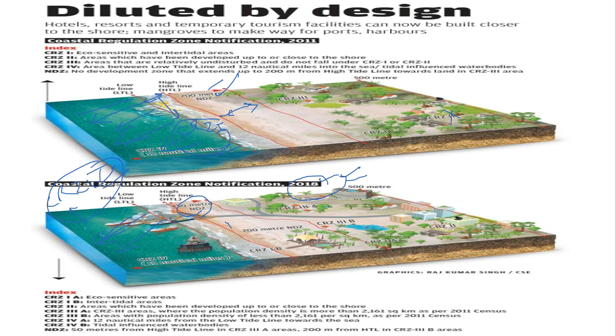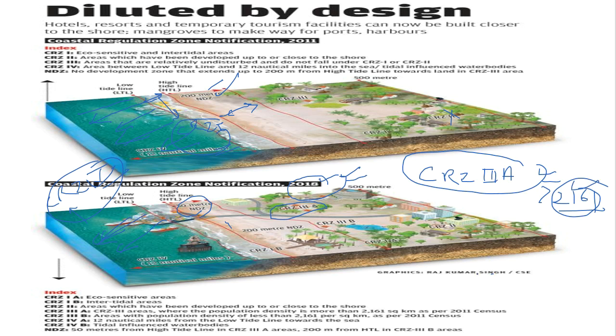In CRZ3A, the population density is more than 1261, and in CRZ3B the density is less than 1261. As per the notification, the no development zone varies for CRZ3A and CRZ3B. For CRZ3A, the NDZ is 50 meters, but for CRZ3B the no development zone is still 200 meters.